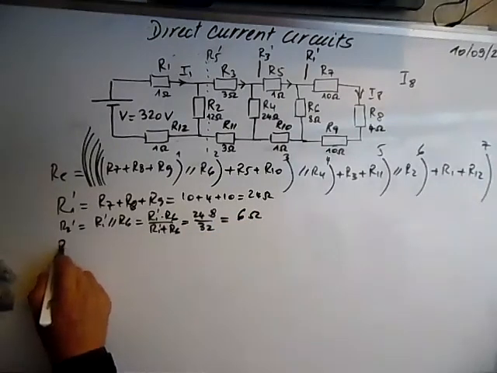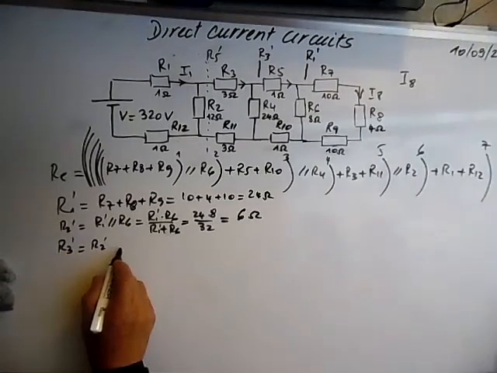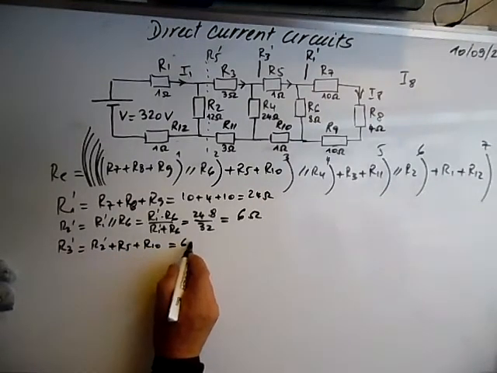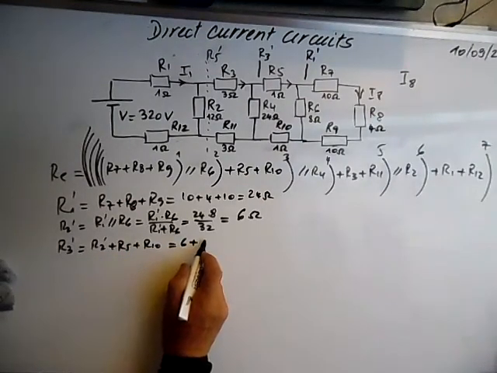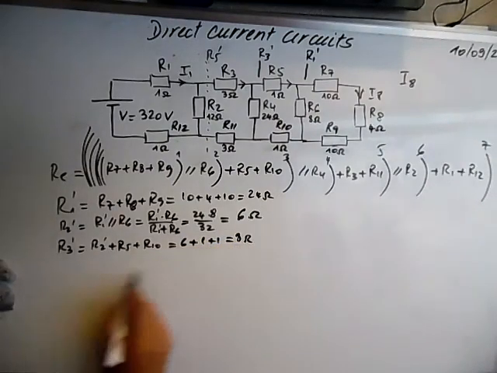R3 prime is R2 prime plus R5 plus R10, and it's 6 plus 1 plus 1, and it's 8 ohms.